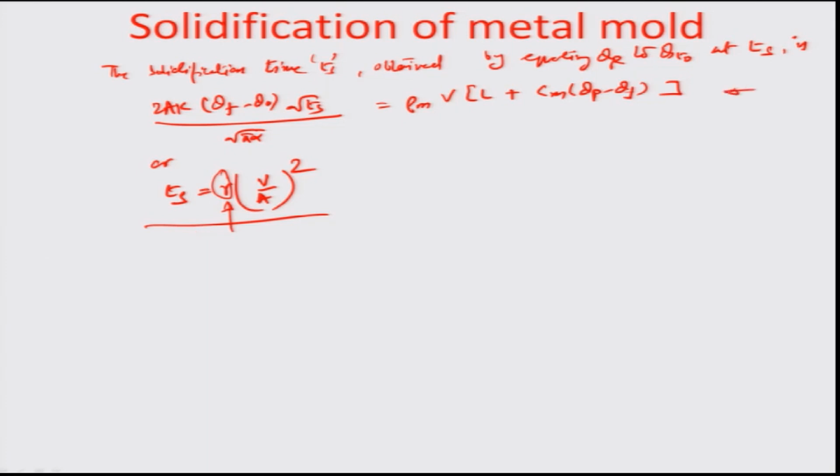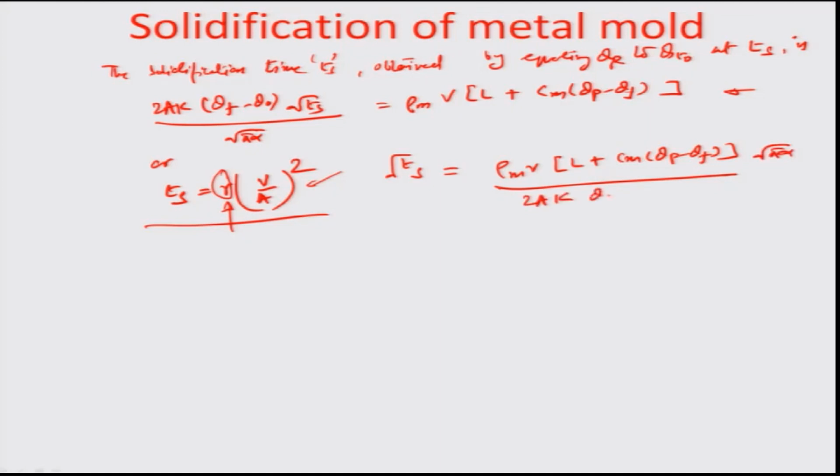So in any event, let us just do how we arrived at it. So root of Ts in this particular case could be recorded as rho m V (L plus Cm theta p minus theta f) divided by twice Ak (theta f minus theta 0), into root of pi alpha.